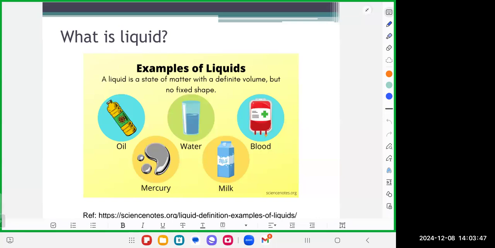So, liquid is a state of matter with a definite volume but no fixed shape, which means you have to find a container to contain it, and the shape of the liquid will change due to the container that you have.